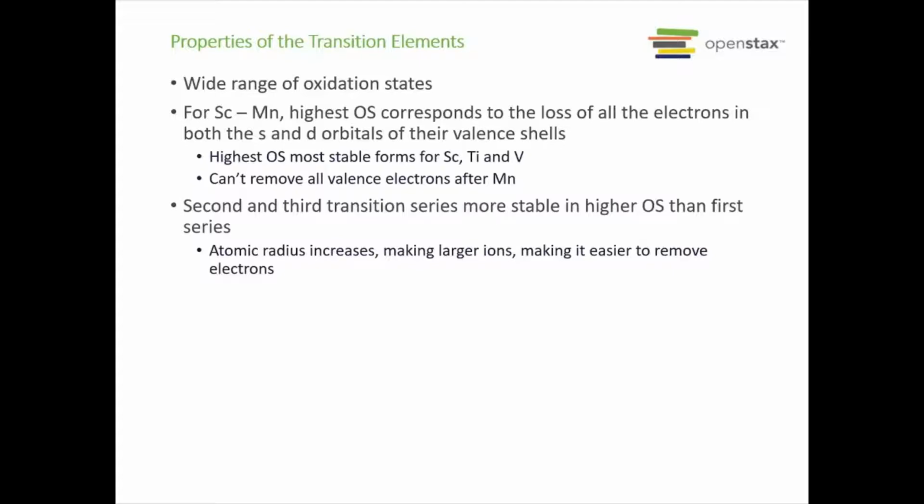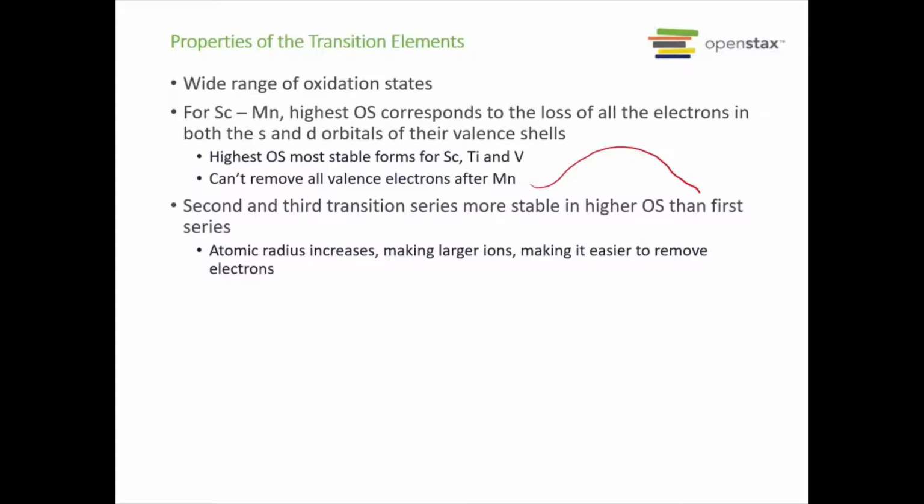But after manganese, once we start at iron, we can't remove all those valence electrons. So the number of oxidation states they can form decreases. We'll look at the figure on the next slide, but the number of oxidation states increases from scandium up to manganese, and then after manganese it goes down.